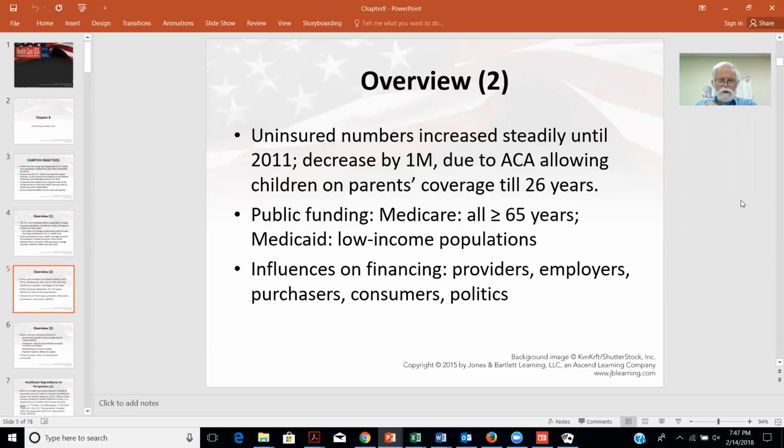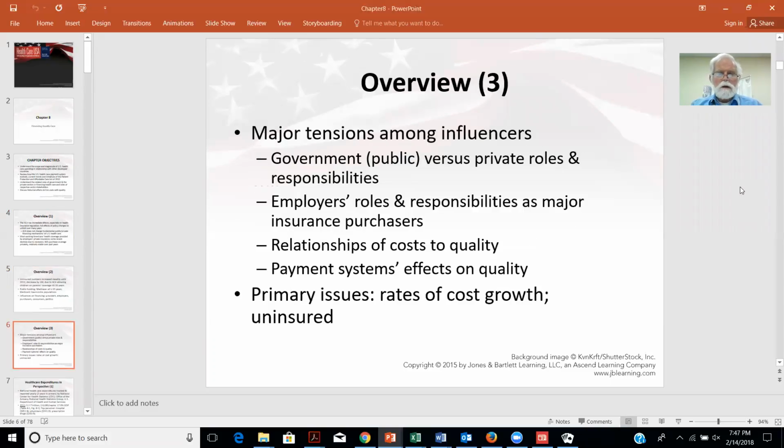The influences on financing are controlled by many factors, not the least of which is sheer politics. There's a lot of tension, and there's always a fight over the value of paying for healthcare. Most of us would agree that it's useful to have a healthy workforce, but who's going to pay for it?